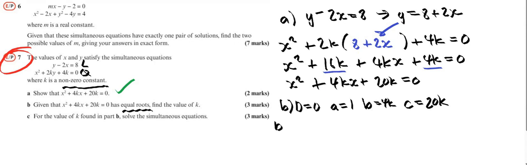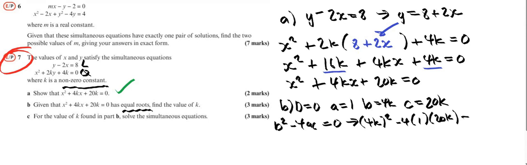So let's put in the discriminant. B squared minus 4ac has to equal 0. So that means that 4k squared minus 4 times 1 times 20k has to equal 0.